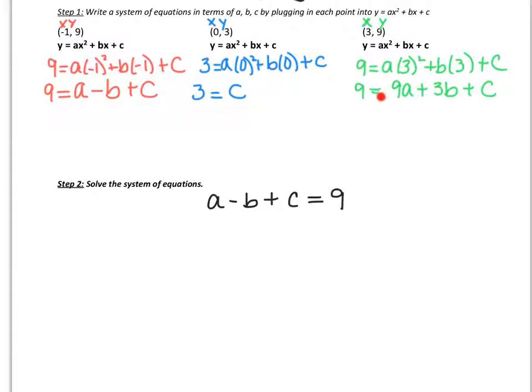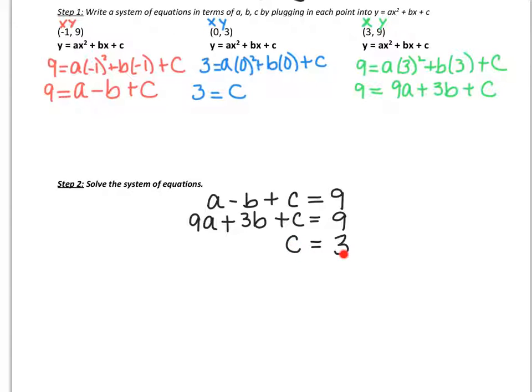And then I'm going to put this equation: 9a plus 3b plus c equals 9. And then the last thing I'm going to put is that c equals 3. The reason I did that is because usually if you have a single term, you put that at the bottom. So now this is simple.